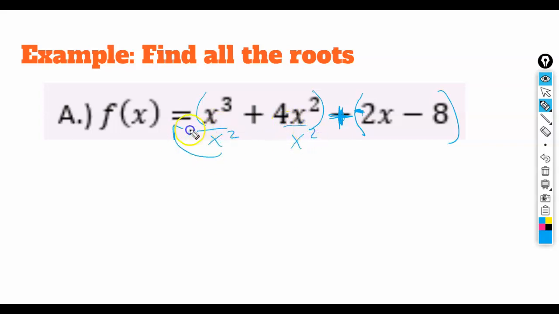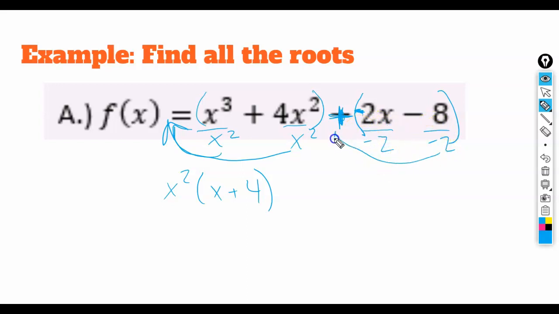So I'm going to undistribute the x squared, and I get x squared times x plus 4. Over here, this first one's negative, so I'm going to pull out a negative factor, and they're both divisible by 2. So I'm going to pull out a negative 2 and put it up front here. So that's going to be a negative 2, and that's going to leave me with x plus 4.